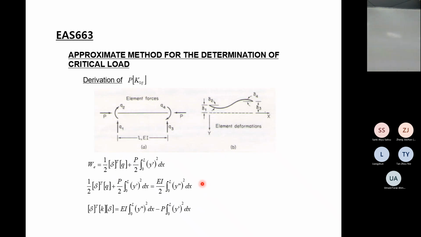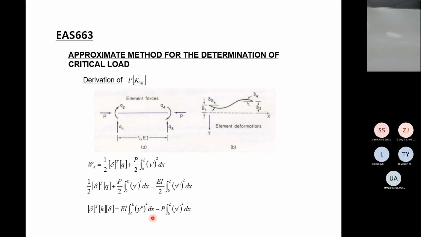Okay. Now, there is a half here, a half here, and a half here. So we can factor out the half. We maintain this on this side, and this one moves to the right-hand side. So we come up with this equation here. Now, there's a K matrix here, and we want to change this into a form where we can know what the K matrix is.